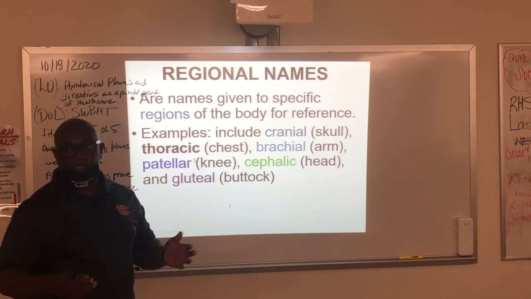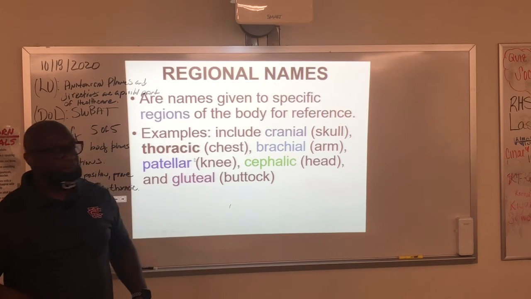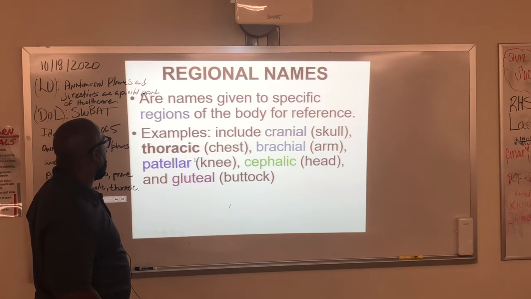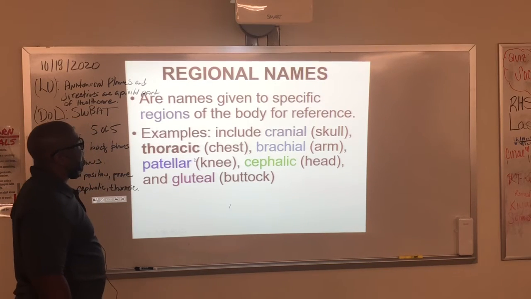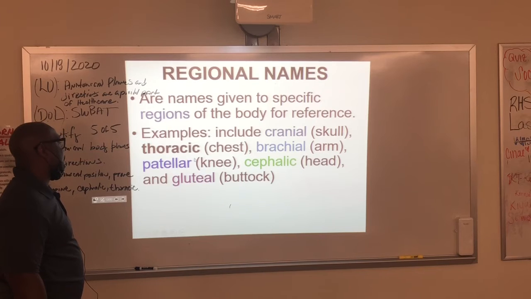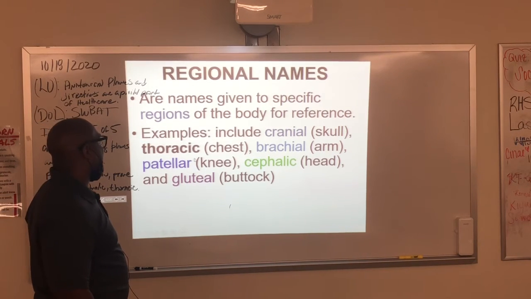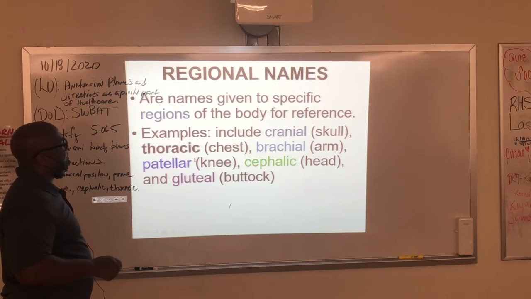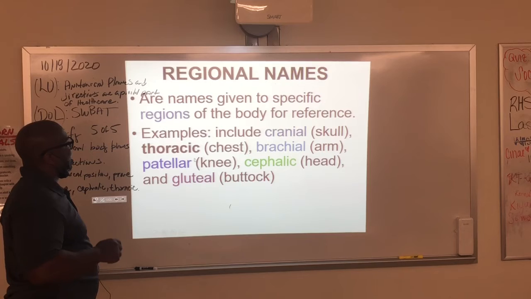Why do we use military time versus standard time? So we don't get things mixed up. Examples include cranial, skull; thoracic, which is the chest; brachial, arm; patella, knee; cephalic, head; and gluteal, buttocks. These are just examples.